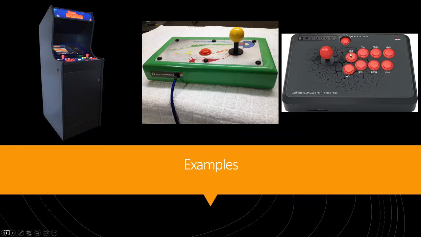So this is going to be the X, oh wait, sorry, X, square, circle, triangle, R1, R2, L1, L2. So you've basically said this is a gamepad with only one analog stick, and that's effective enough for the computer to map whatever inputs you have here into the gamepad inputs.